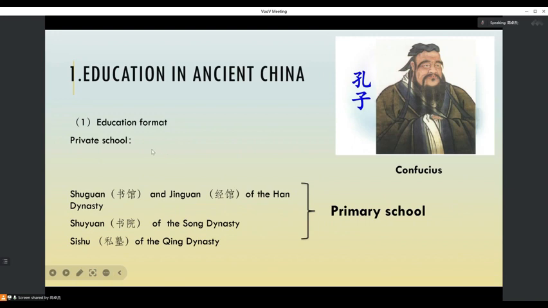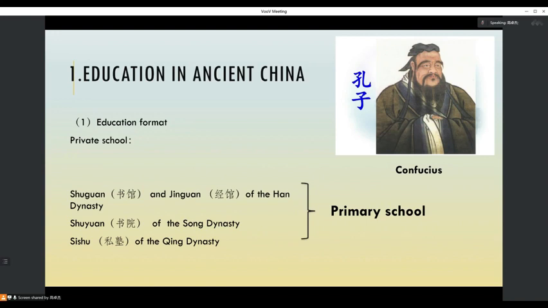Let's look at the other model of ancient school in China. Private school. The private school was founded by Confucius. He is a famous educator in China, even in the world.